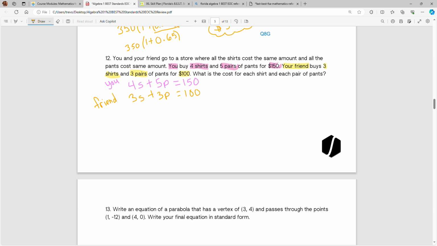For me to solve this one, I'm thinking I could do substitution, elimination, or I could graph this. 4 and 3, I know my multiples of those. 4 times 3 is 12. I can multiply those equations pretty quickly.